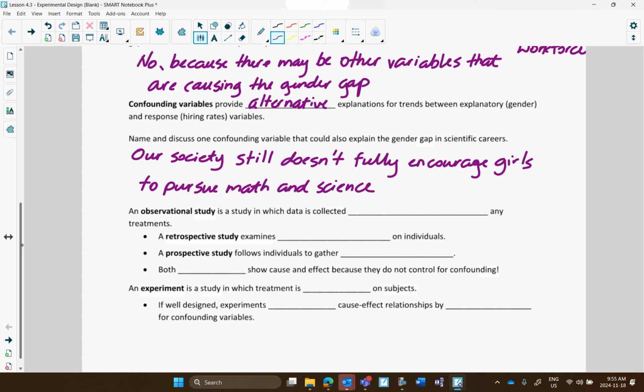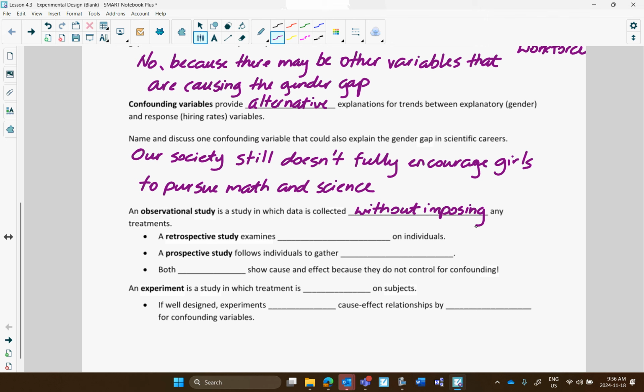And that takes place when we are talking about observational studies, or when we are talking about samples, which is a type of observational study, a study in which data is collected without imposing any treatments. As soon as treatments are applied, now we get into experiments. There are really two types of observational studies.